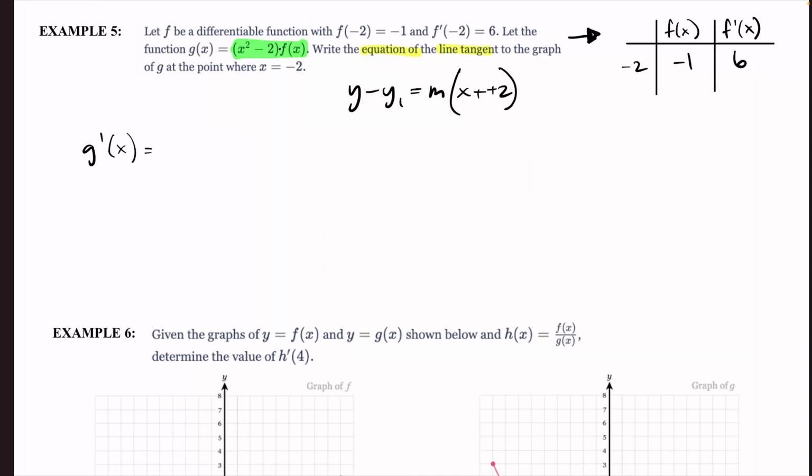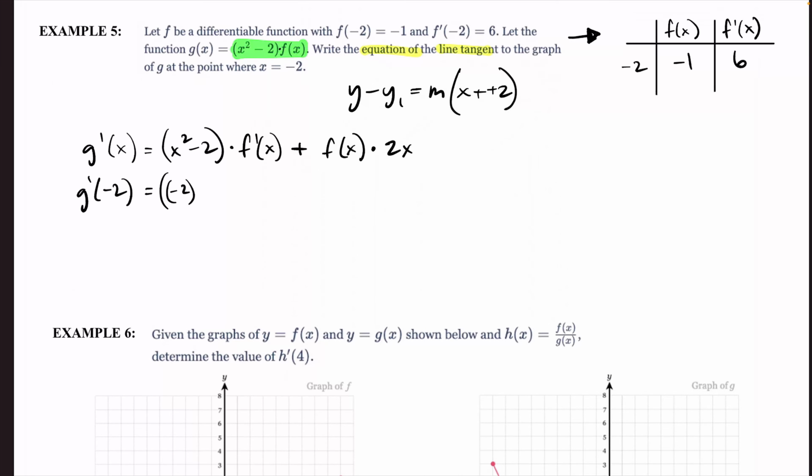Okay, so the product rule says the first times the derivative of the second plus the second times the derivative of the first. And the derivative of the first is just 2x. Okay? And which value am I going to plug in for x this time? Negative 2. So everywhere there's an x, you're going to plug in negative 2.